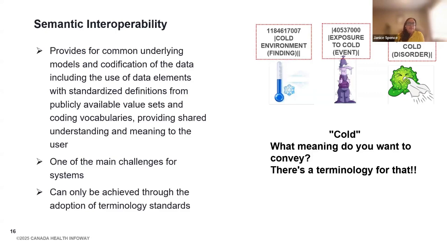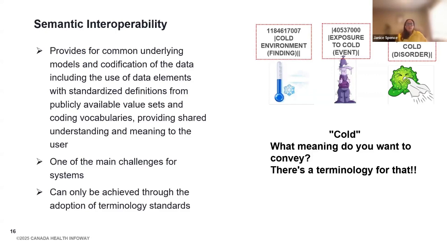And I've just given an example here of how a simple cold can be, and this is just three of other types of clinical context that could be applied to a cold. You could be talking about the environment that the subject of record is in. You could be talking about an exposure to a cold event, or you could be talking about the disorder of the common cold.